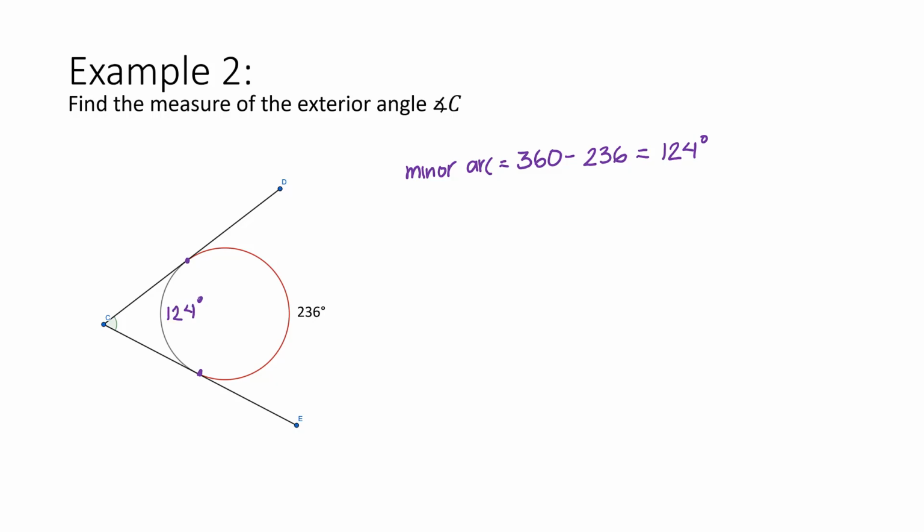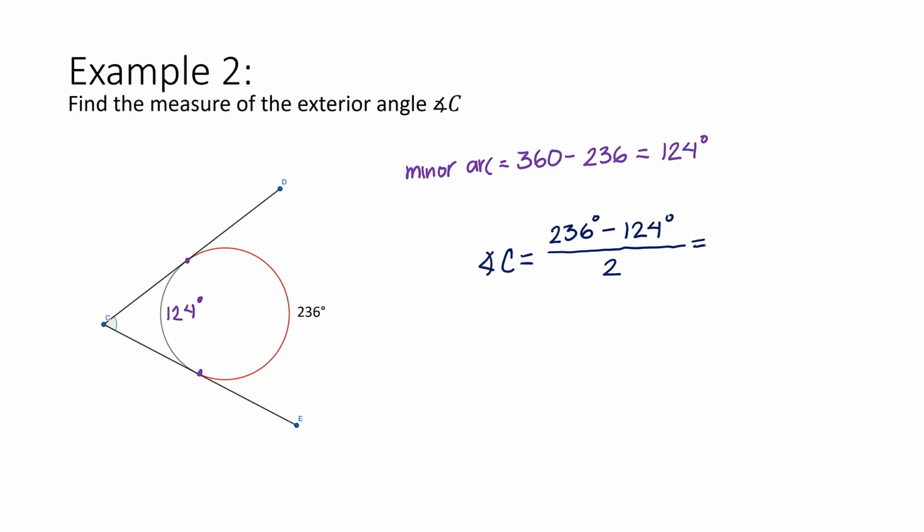Now that we have the measurement of the major and minor arc, we can find the exterior angle C. Angle C equals the major arc, 236 degrees, minus the minor arc, 124 degrees, over 2.